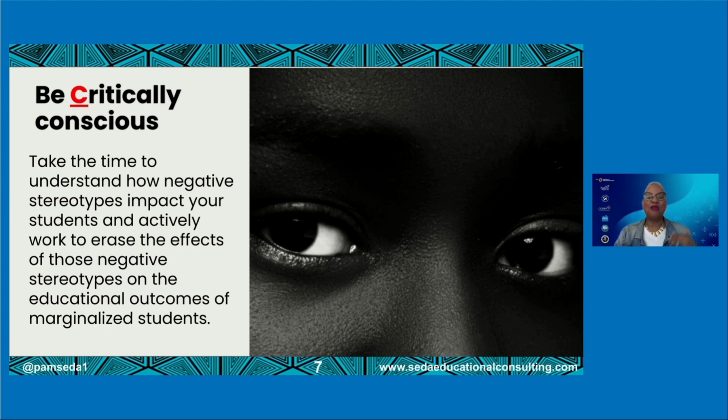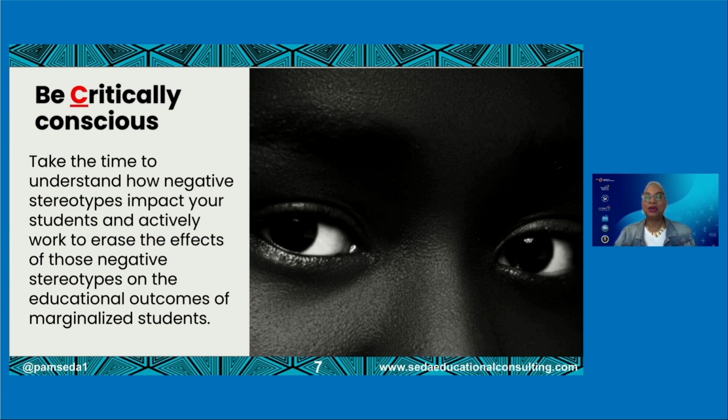What that means is we don't fall into stereotypical thinking, but we ask our students, we find out about them, we talk to them. What negative messages might you have received about being a girl in mathematics? Or what negative messages have you received about your ability to do mathematics based on where you come from, based on your family history, those things?